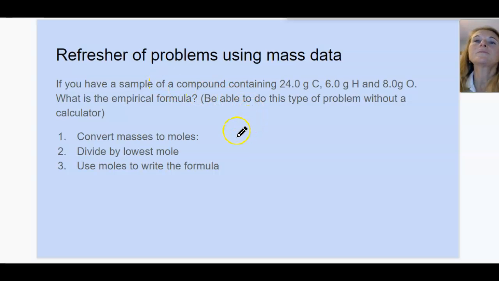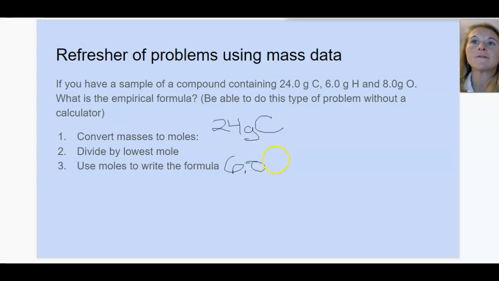All right, so here's our straightforward empirical formula problem using mass data. We have a sample of a compound containing 24 grams of carbon. So I like to start off by just writing what I have. 6 grams of hydrogen.